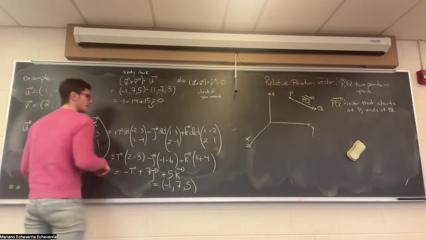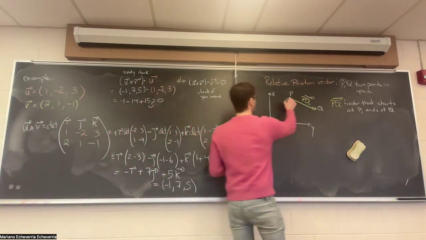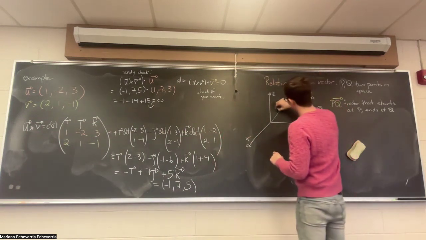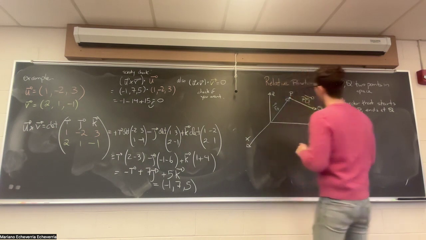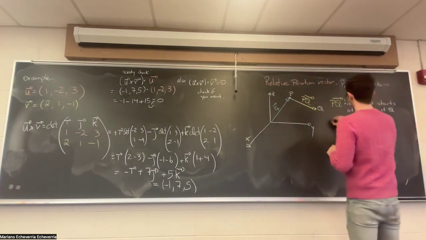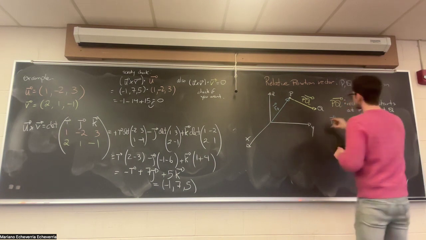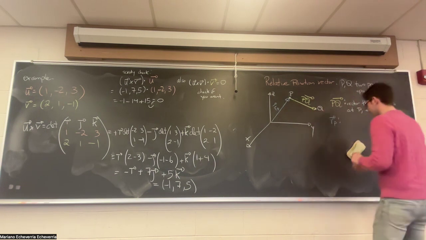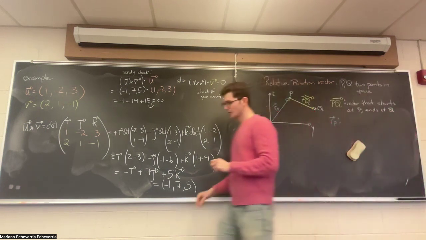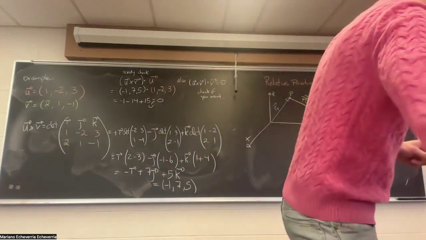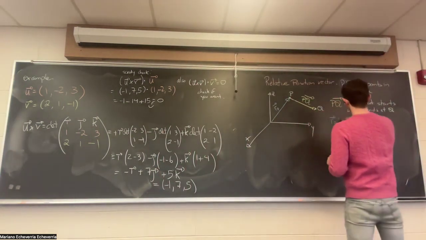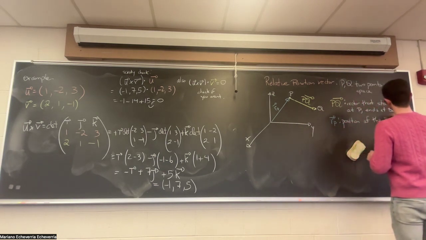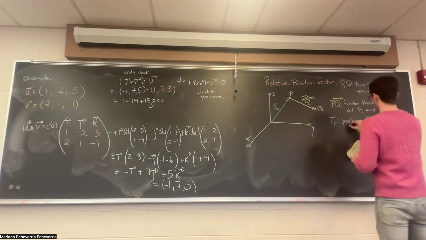So let's just call this vector R sub P. This means this is the vector that gives you the position of the point P with respect to the origin. So this is the position of the point P with respect to the origin.